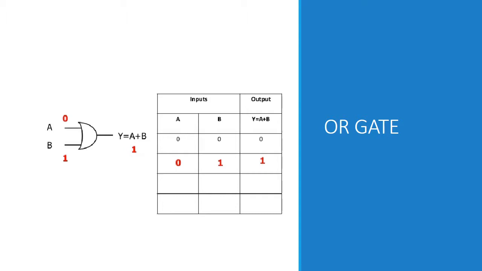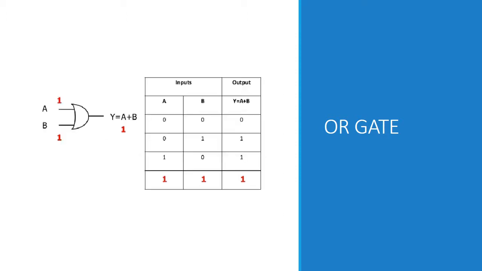In this case, output is 1. In this case, both of the inputs are at 1, so output is at 1. So in case of OR gate, we have seen that if both the inputs are 0, then output will be 0. And if any of the input is at 1 state, the output will be 1.